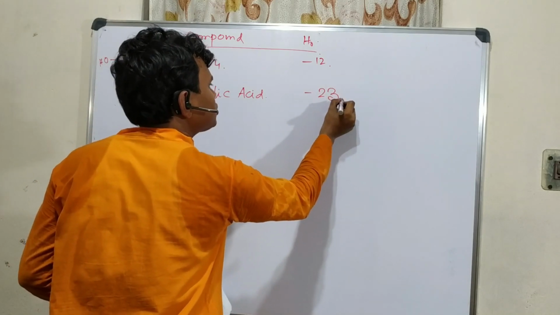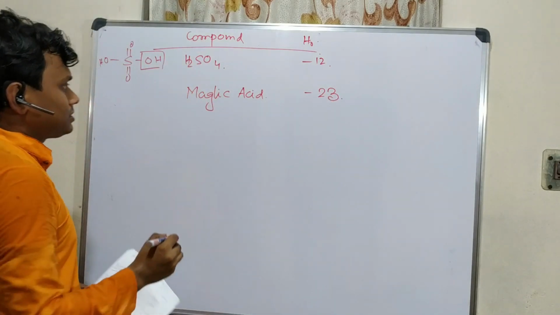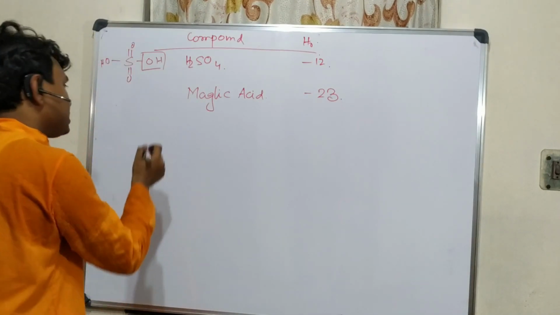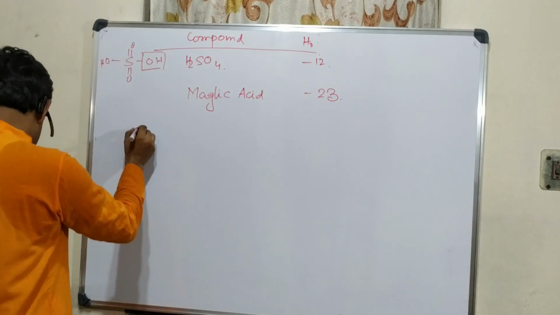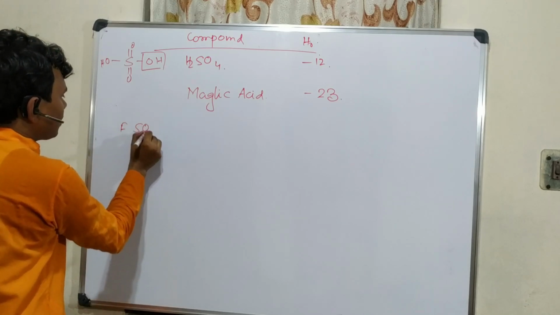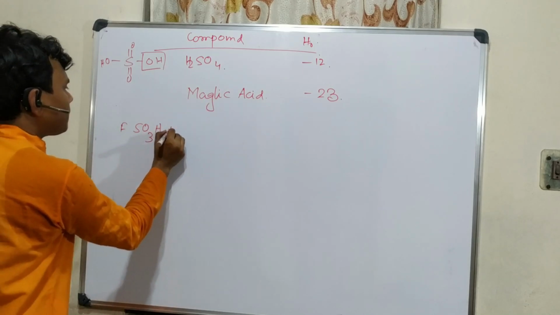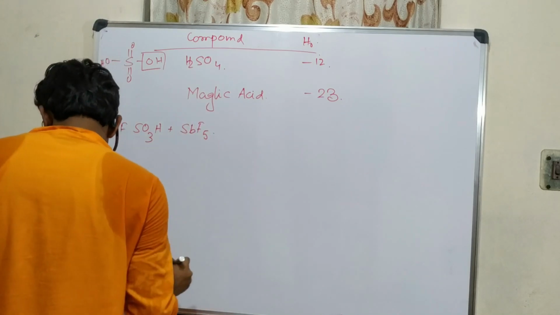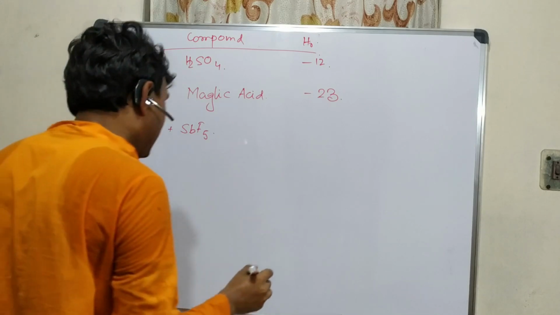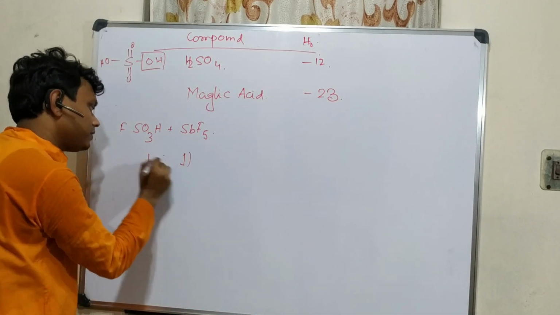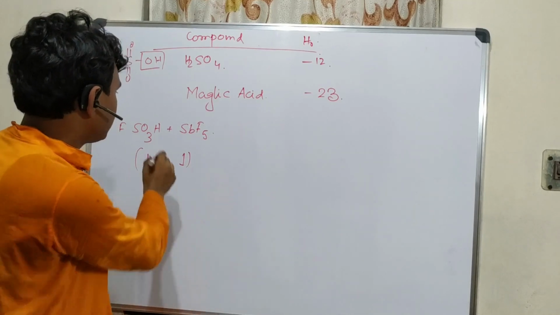It is one of the very strongest acids. Why? Actually, it is prepared from fluorosulfonic acid plus SbF5, antimony pentafluoride, and we are now discussing their 1:1 mixture. In a separate video I will discuss this in detail.